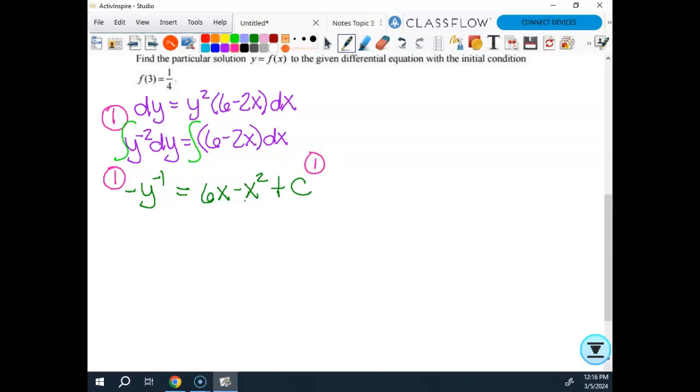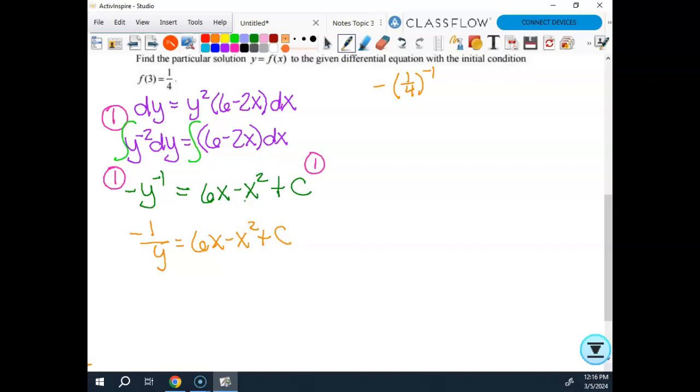So I would say, since I don't have a log anywhere, that I'm going to substitute my initial condition. So this would give me negative, now this would be 1/4 to the -1 power. If you're going to do that correctly, that's great. You may want to rewrite this as -1 over y equals 6x minus x squared plus c, so that you do that correctly.